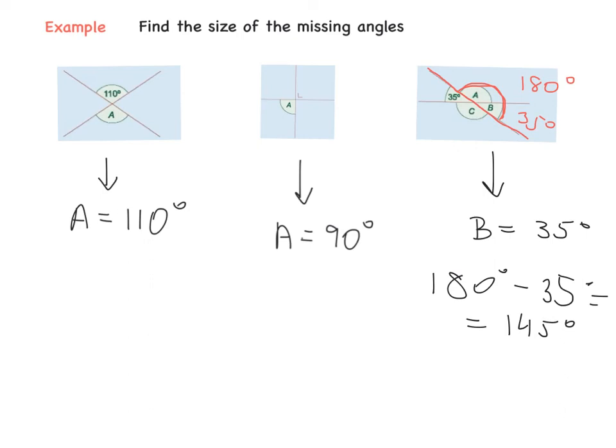And then we can use term 1. A is exactly the same as C. So C is 145 degrees. Okay, so you need to know the rules and base your work on them.